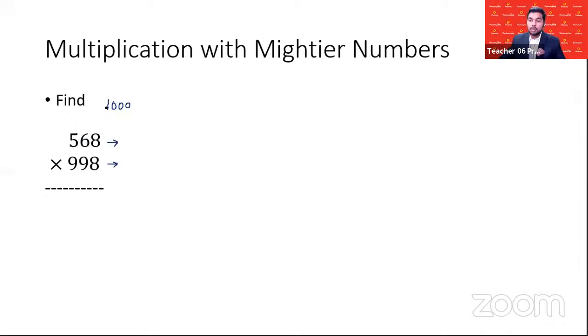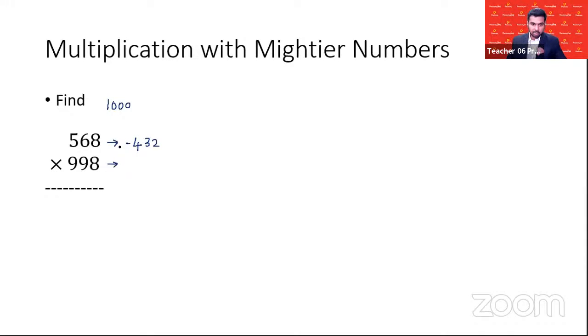Can anyone say what is the particular sutra that we are going to use? Yes, it is going to be all from 9th and the last from 10. So all from 9th and last from 10 for 568 will be 4, 3, 2.